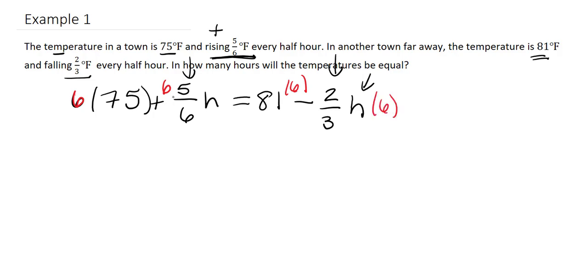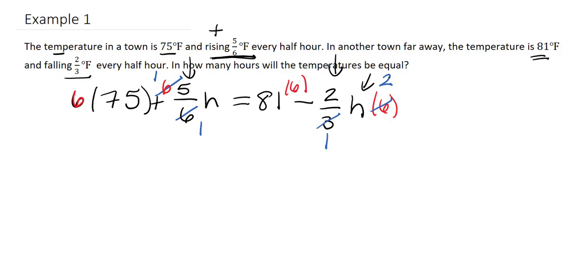So let's look at this. When we multiply 6 by each term, looking at the fractions, this is just going to become a 1, because 6 divided by 6 is just 1. Now we have 6 and this 3, so 6 divided by 3 is 2. So we just reduce this. And now we don't have any fractions in this equation.